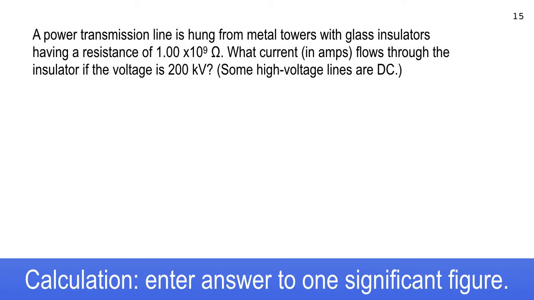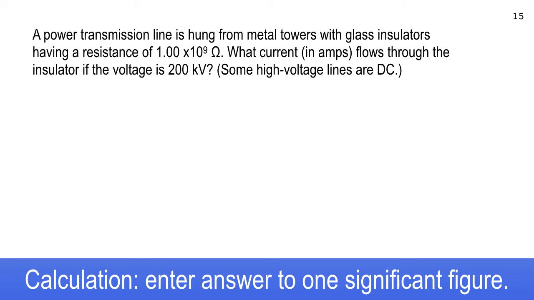Okay, so V is equal to IR. Very easy. And what are we trying to figure out? The I. Okay, so I is equal to V over R, which in this one, the V is 200 kilovolts.